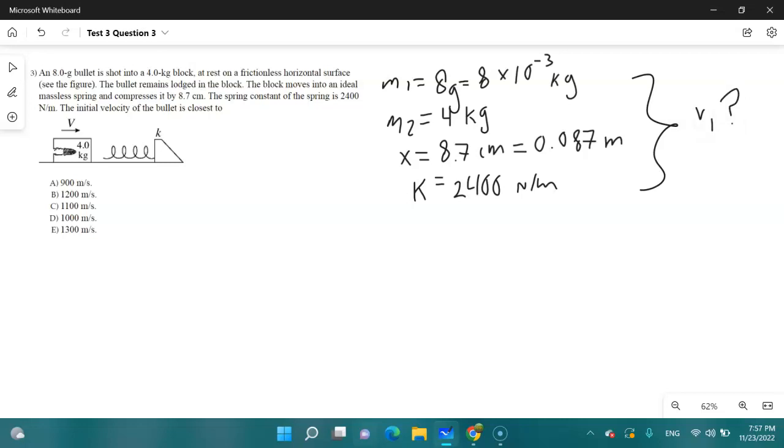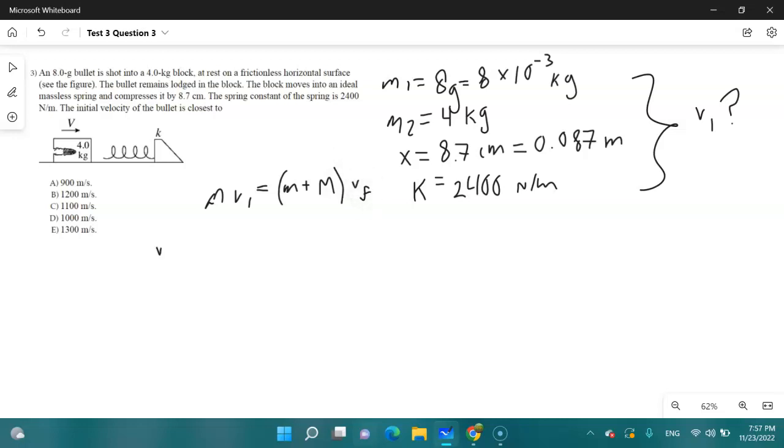So the first thing we can do is try to determine what the initial velocity would be of this. So for the bullet, the initial velocity is going to be equal to the mass of the bullet plus the mass of the block times the final velocity.